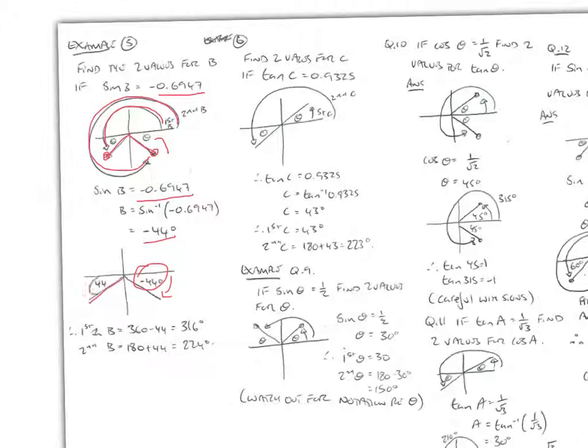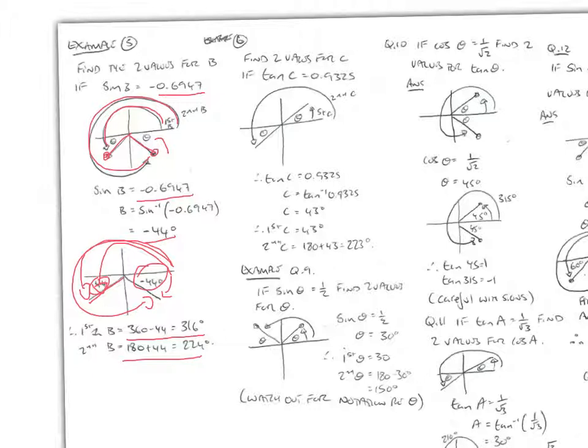This is the same, so it's 44 in this case. So our first B: 360 minus 44 is 316, and our second B then is just to this first angle here. It's 180 plus 44, which is 224 degrees.